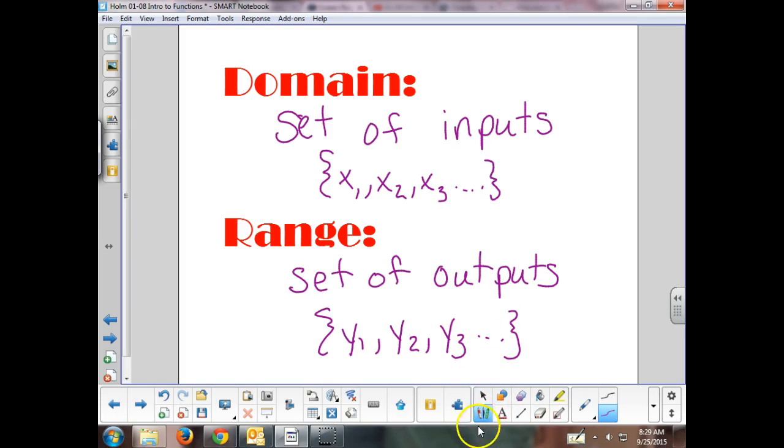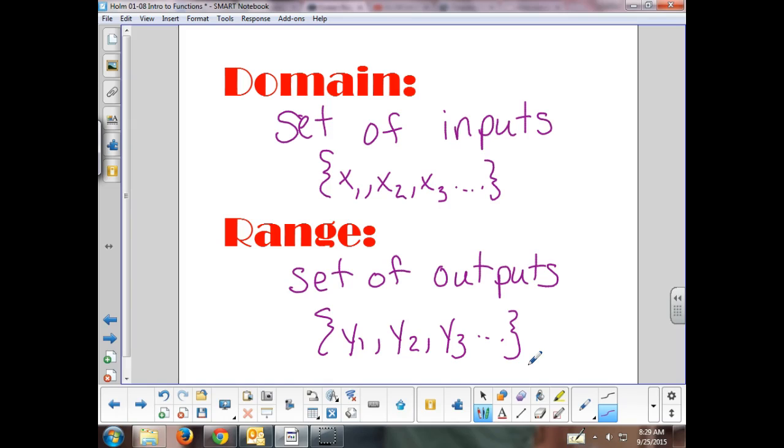Sometimes we list them. Sometimes it might be a larger set. If I had a function that dealt with cats, could I use any number I could imagine if I was talking about the domain being cats?